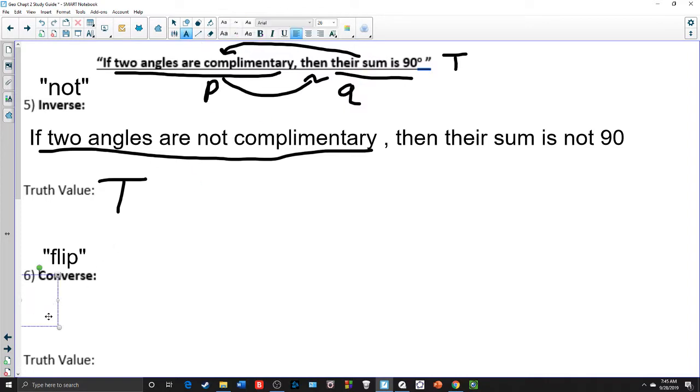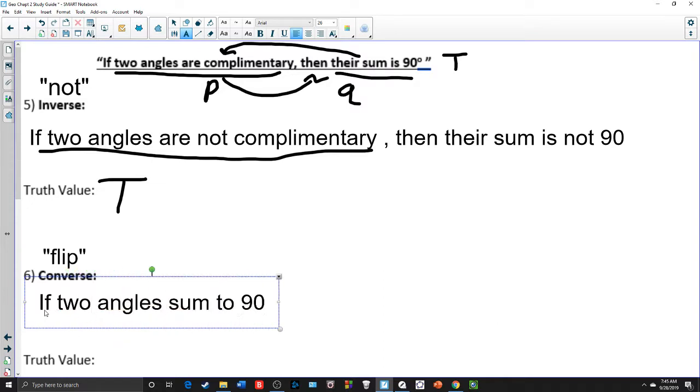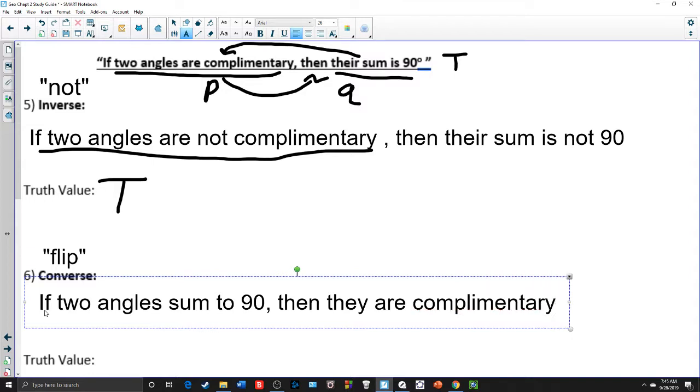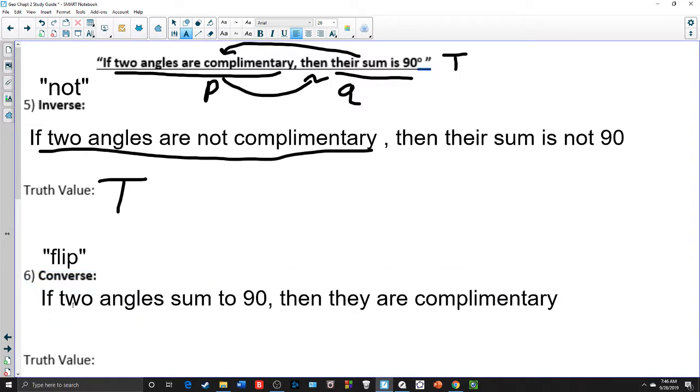So we're going to say, if two angles sum to 90, then they are complementary. So we have our Q part first and our then part second. This is just flipping things around the center, around the comma, I guess you could say.